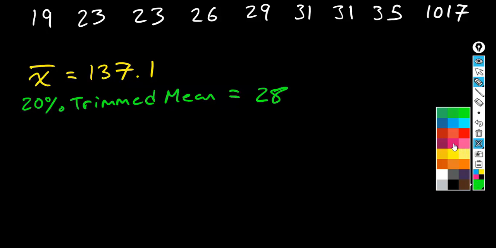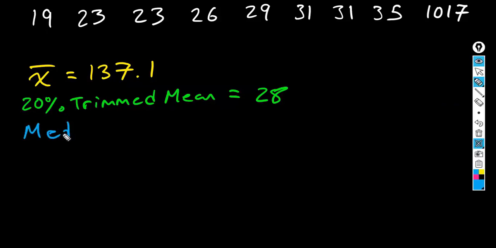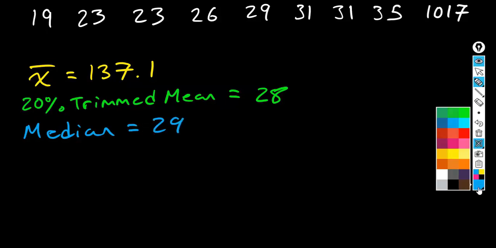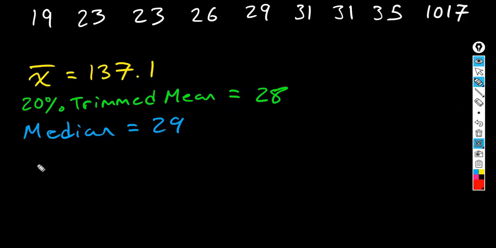And then the last ones we did, we have the median giving us a 29, and a mode of 23 and 31.